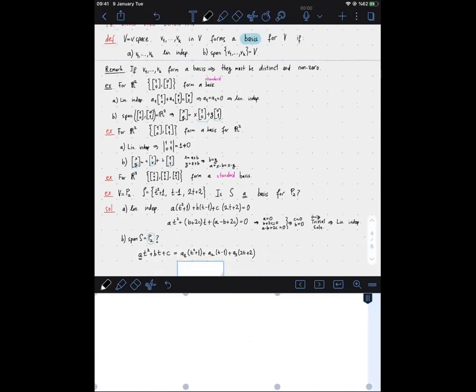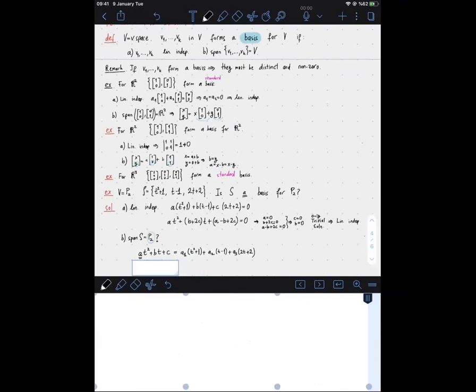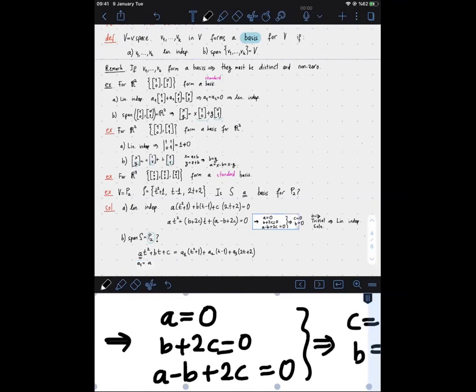We can represent this as a matrix equation as usual. So what does it give us? We have already written down the equations. This means A1 should be A. I'm writing the same equation as here.